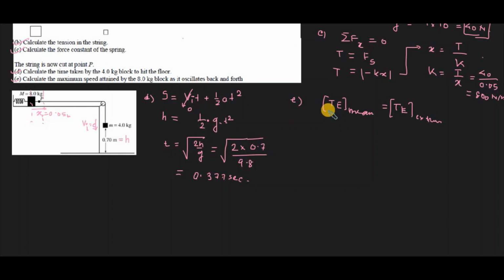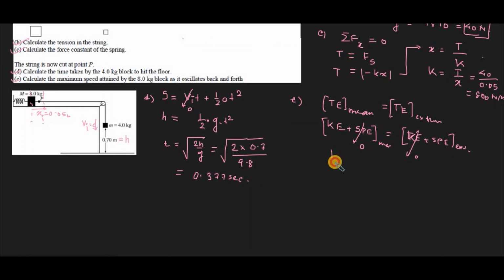The total energy consists of kinetic energy and spring potential energy in the block spring system, so the kinetic energy plus spring potential energy at the mean position will be the same as the kinetic energy plus spring potential energy at the extreme position. Now at the extreme position, kinetic energy would be 0 because it is at rest, and at the mean position spring potential energy should be 0 since the elongation is equal to 0.